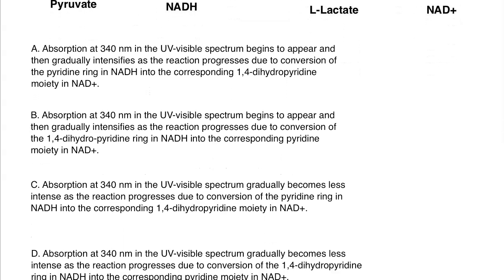B. The absorption at 340 nanometers in the UV visible spectrum begins to appear and then gradually intensifies as the reaction progresses due to the conversion of the 1,4-dihydropyridine ring in NADH into the corresponding pyridine moiety at NAD+.